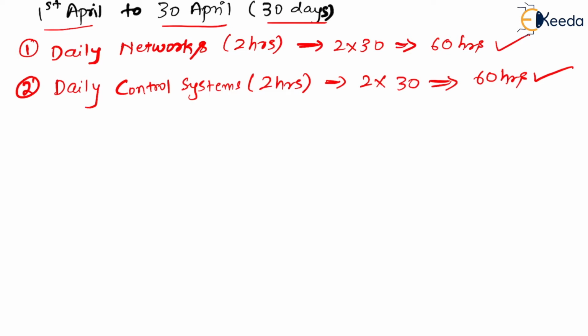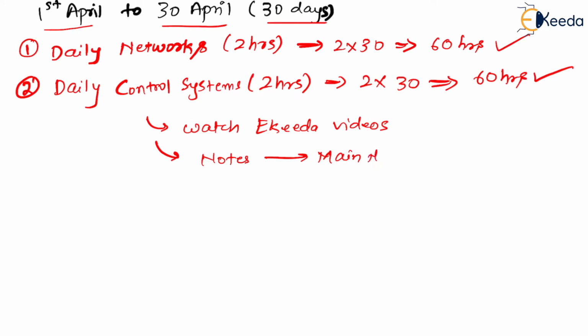Now how to prepare these subjects? To prepare these subjects, the first step you have to do is watch our Ekeeda portal videos, right? Then you have to make notes. In notes also you have to make main notes, and then you have to make short notes.